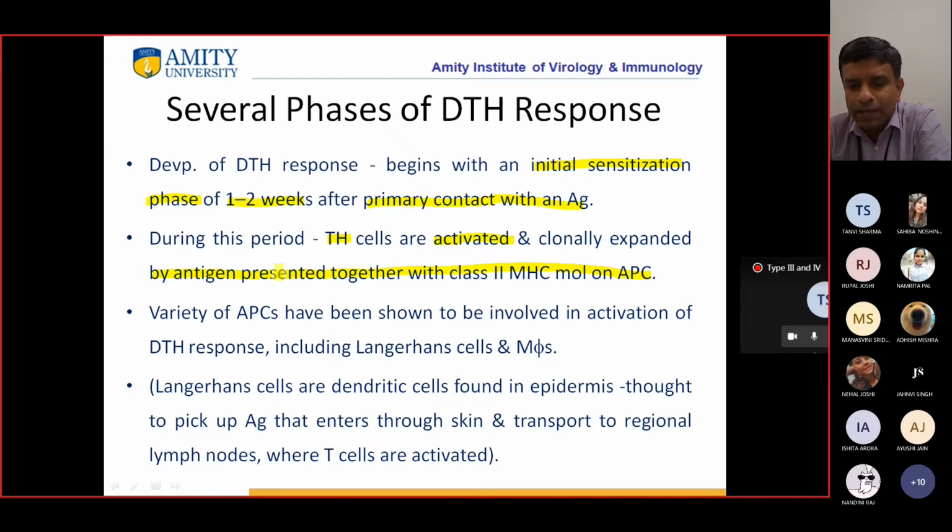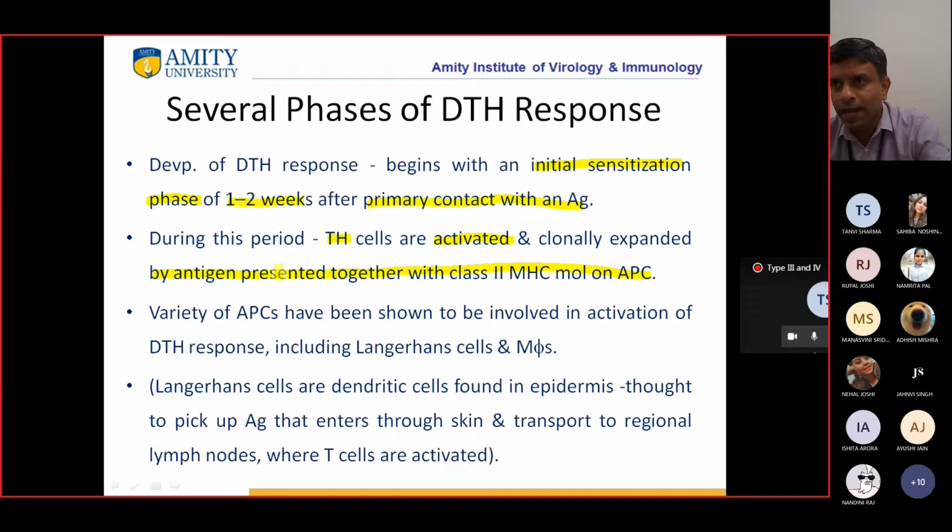Langerhans cells are dendritic cells found in the epidermis, basically your dendritic cells only, and thought to pick up antigens that enter through the skin. So if any antigen is entering through the skin, that will be taken up by the Langerhans cells, and transported to regional lymph nodes where T cells are activated. Okay, so this is how it works.